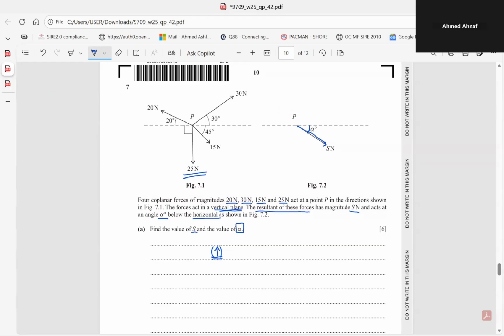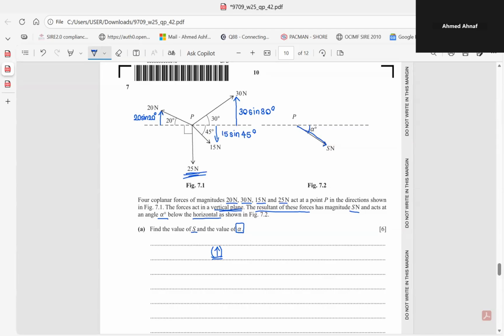We have the upward vertical force for the 30 newtons acting at 30 degrees, which is 30 sine 30 degrees, as well as 20 newtons, which is 20 sine 20 degrees. Then we also have 15 newtons acting downwards, that's 15 sine 45, as well as 25.